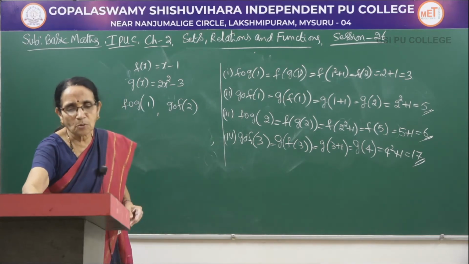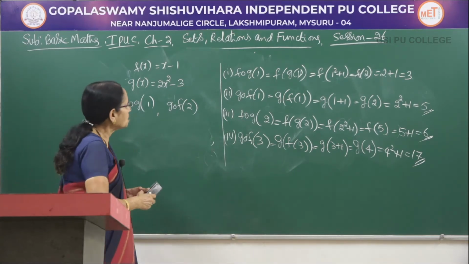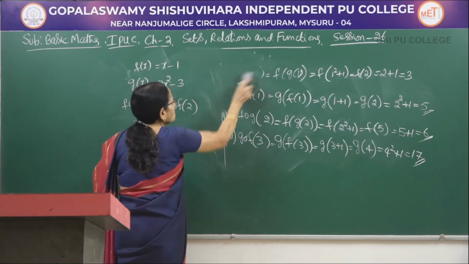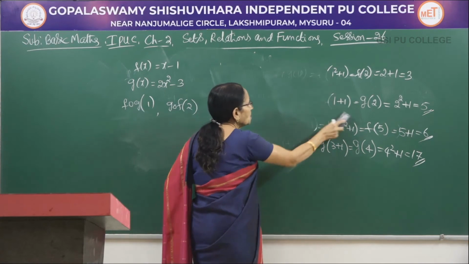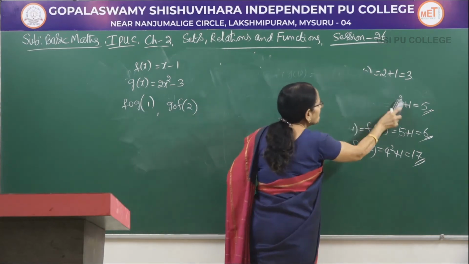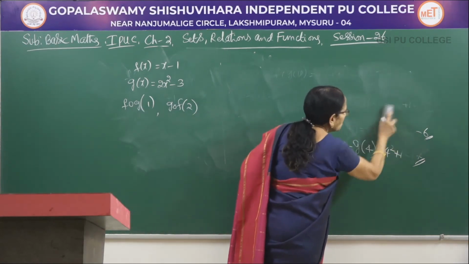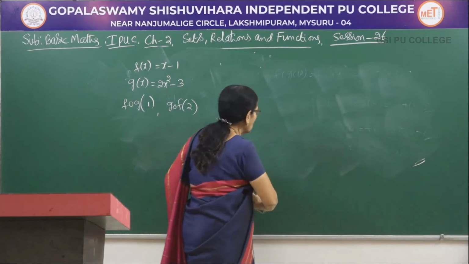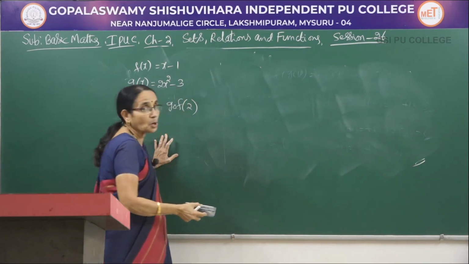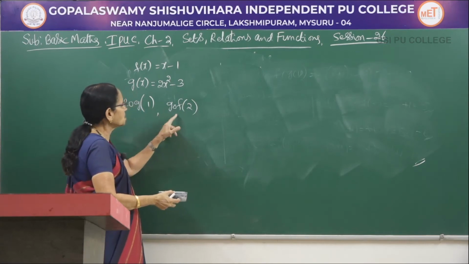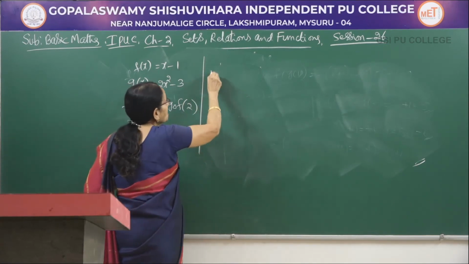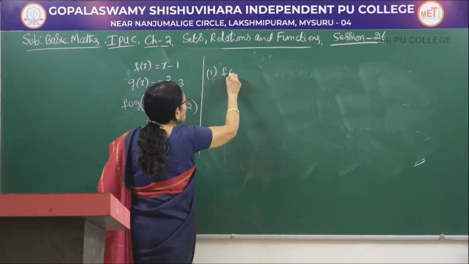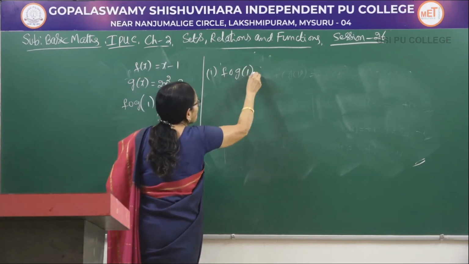So, these two have to be calculated. Now, let us start with the basic definition of the two functions that have been given. It is nothing but arithmetical calculation, but you have to be careful about copying the correct problem. If you interchange the letters here, you will be getting entirely different answers as we have seen in the previous one. It is fog of 1.